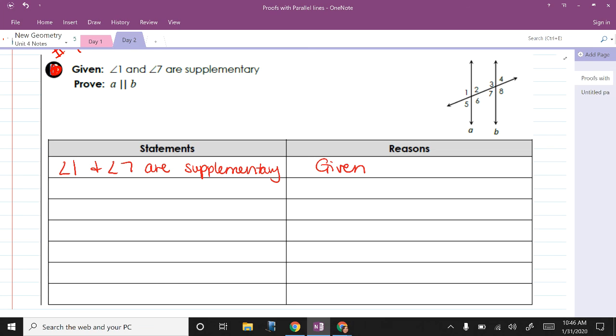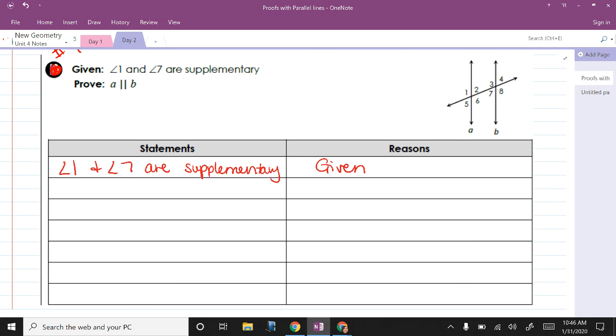Yep, that's one thing I could do. I could do that, or don't these 2 have a relationship? That they are supplementary? Okay. Well, that one, since it's with 1, what can I say about 1 and 6? They're congruent because of why? The vertical angles. Let's do that.